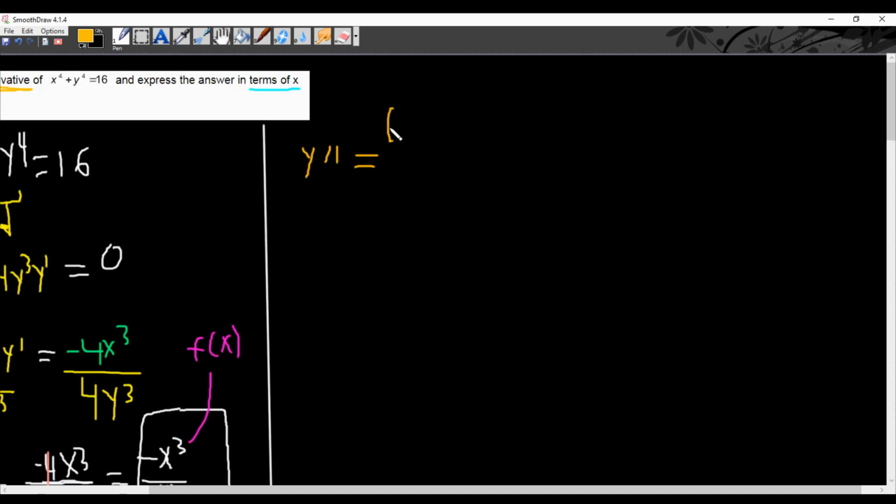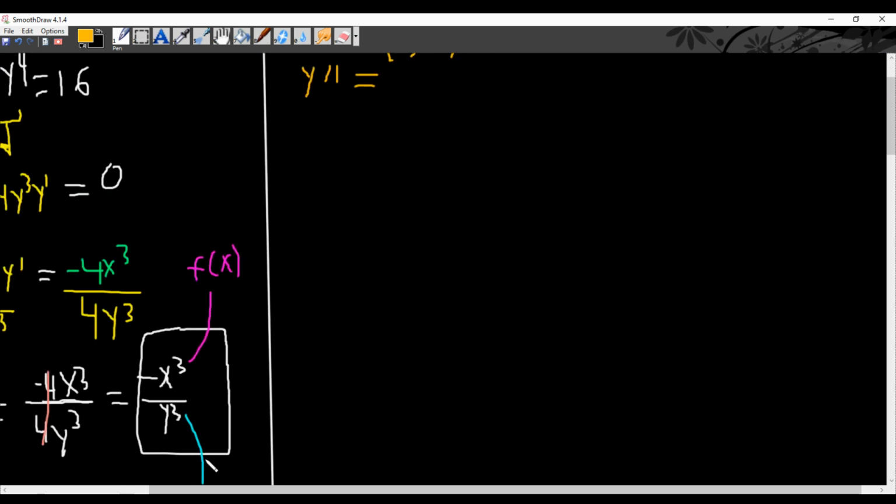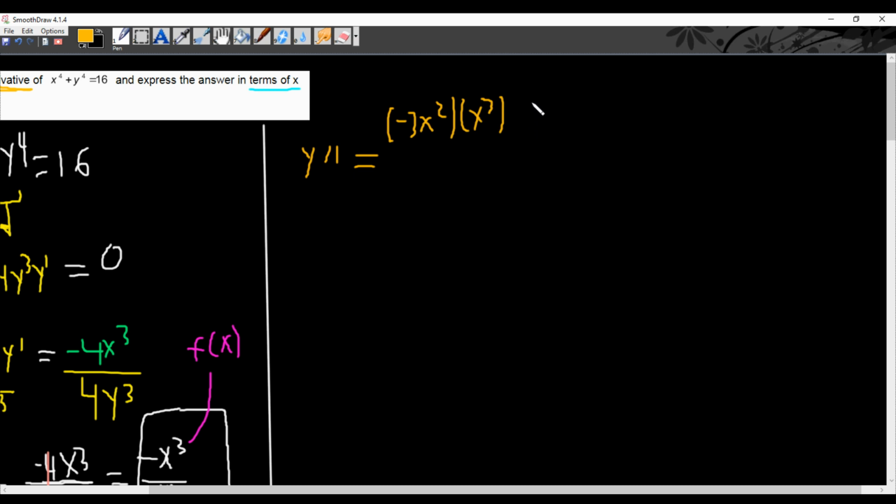So here it's going to be the first derivative, so I'm going to do negative 3x squared, but then I'm also going to get y cubed. This is the original function, y cubed, for g of x. Then this will be subtracted by negative x cubed, multiplied by the next function's derivative.